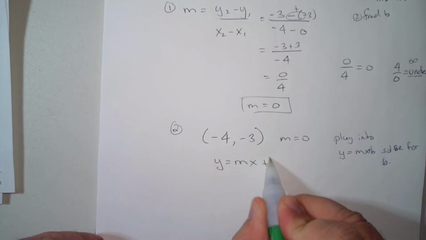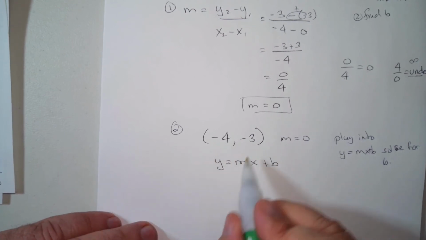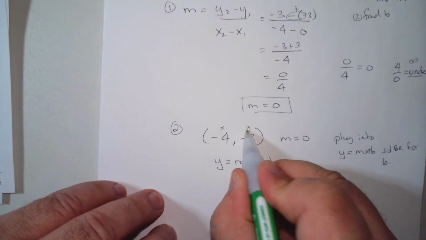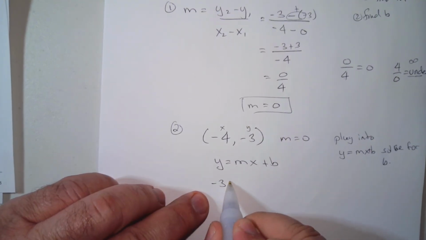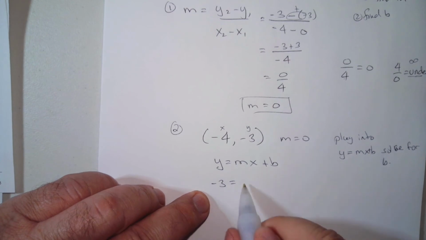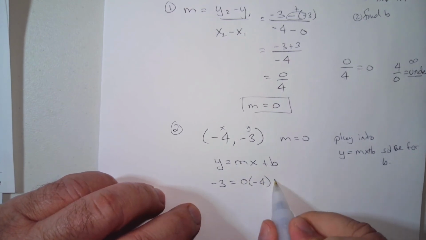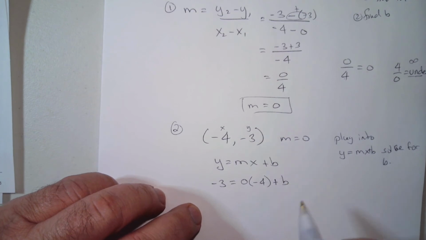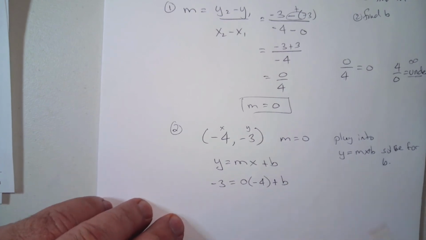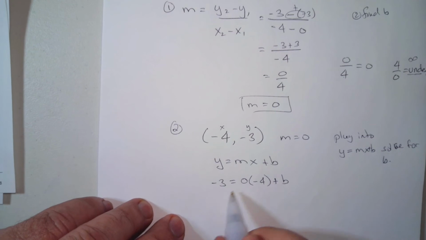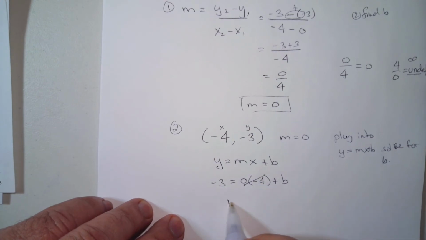Remember, this is x, this is y. So y is negative 3, m is 0, x is negative 4, and b is b. That's what we're solving for. So that disappears, so b is equal to negative 3.